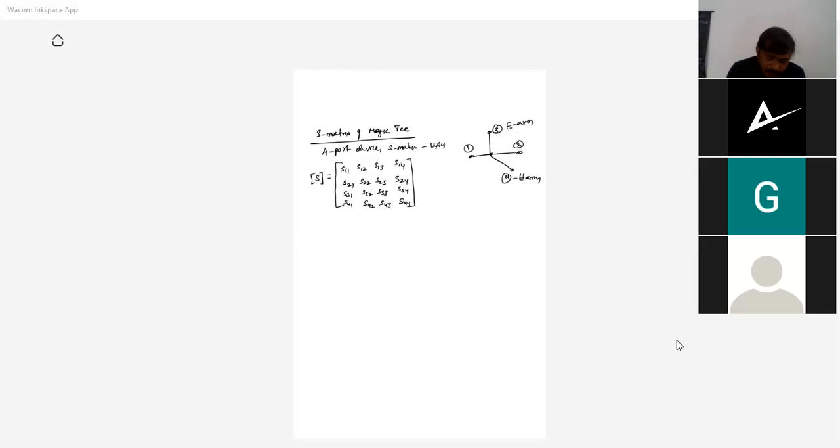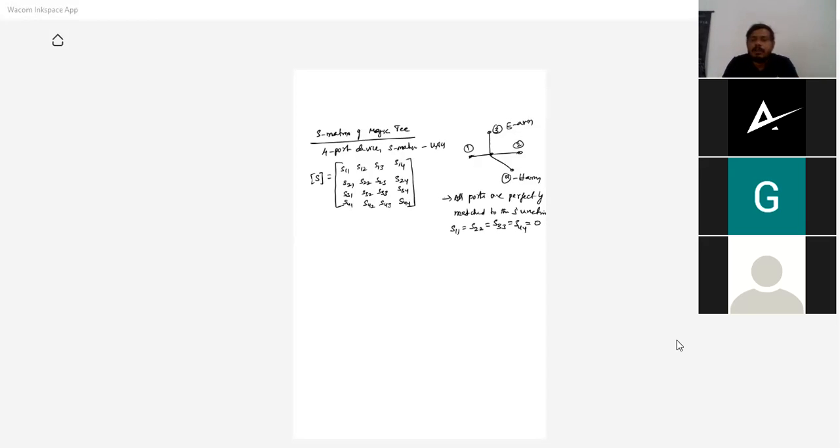Coming to the properties of magic T. The first property: all ports are perfectly matched to the junction, or coupled. Perfectly matched means S11 is equal to S22 is equal to S33 is equal to S44 is equal to 0.